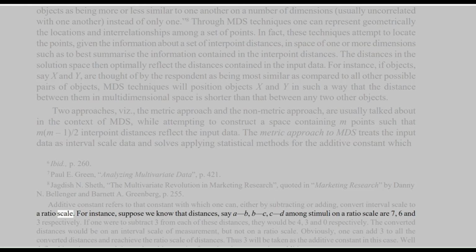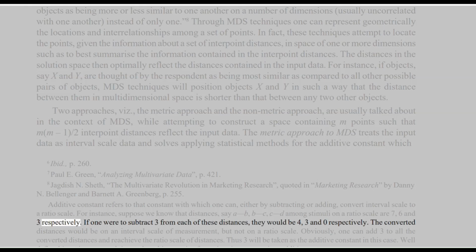a ratio scale. For instance, suppose we know that distances, say A, B, B, C, C, D among stimuli on a ratio scale are 7, 6 and 3 respectively. If one were to subtract 3 from each of these distances, they would be 4, 3 and 0 respectively.